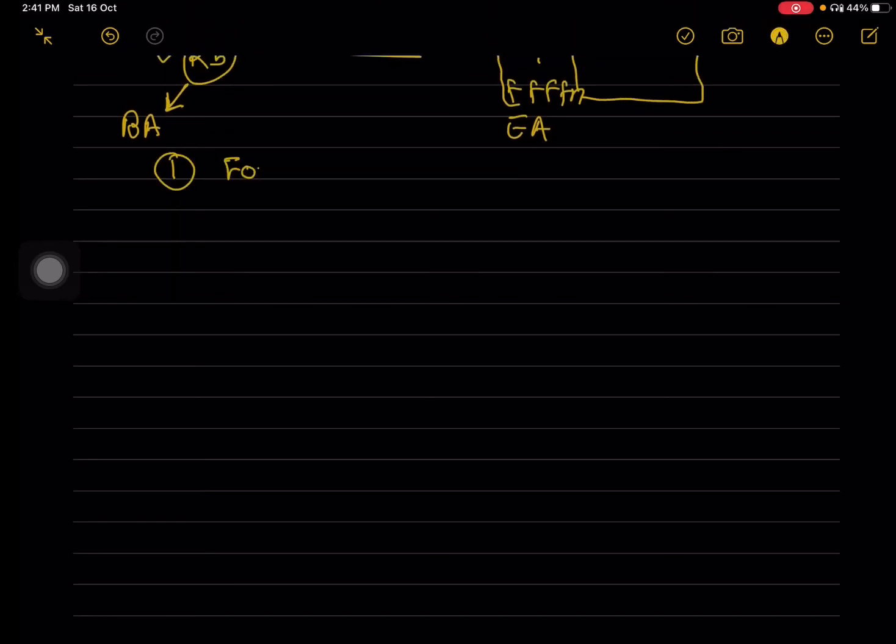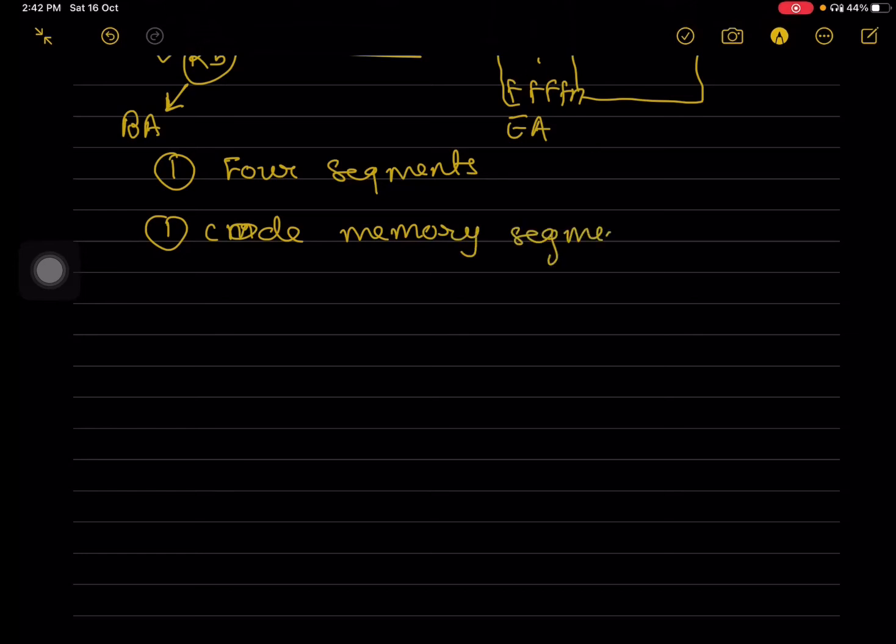In a particular program, the user can make use of 4 memory segments, and these memory segments are the code memory segment, then the data memory segment, the extra memory segment, and the stack memory segment.